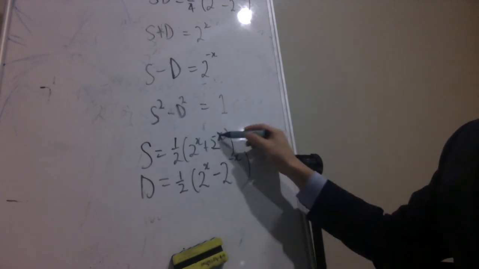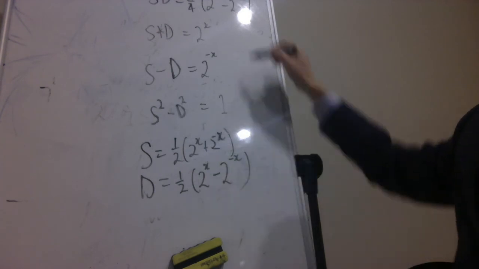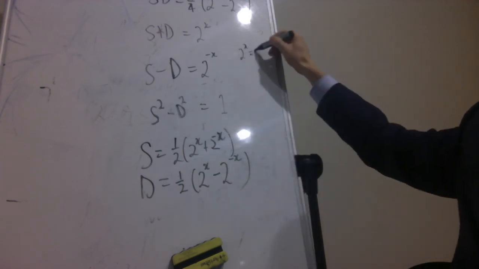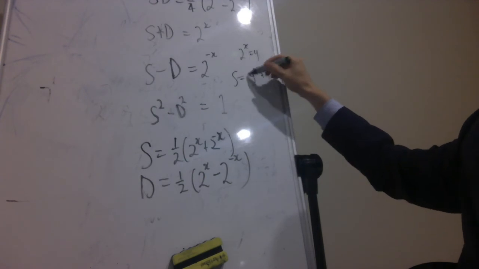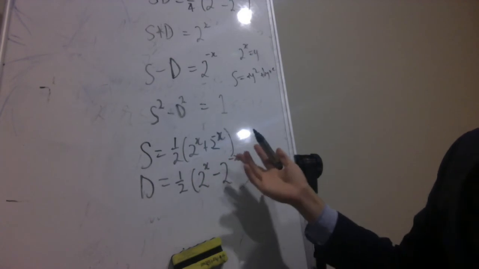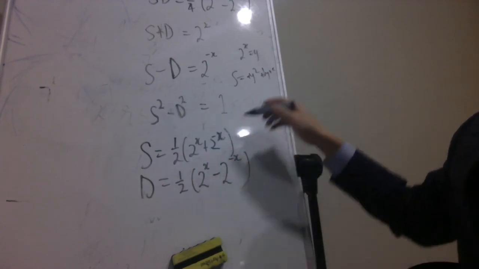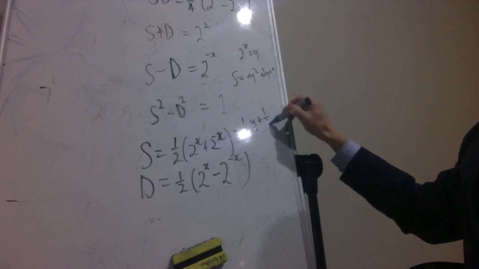They don't want this minus 2 to the x here. So they want 2 to the x to be equal to y, and you want s to be like y squared plus y. So in this case, this would be like half y plus 1 on y, right?